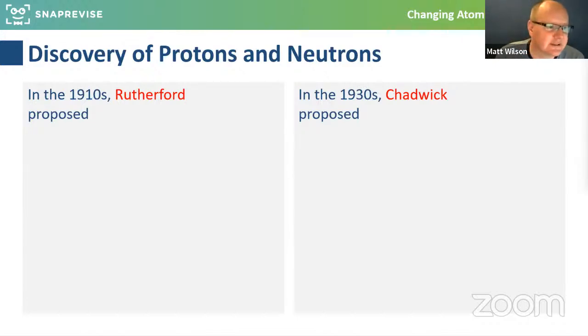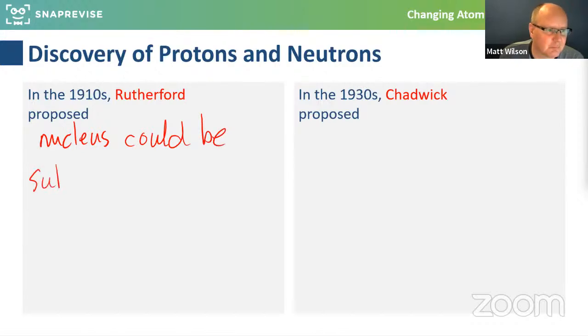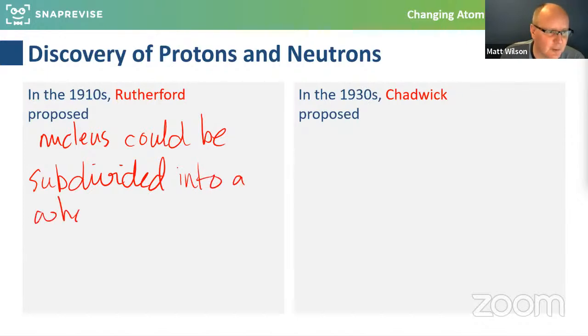So the nucleus is not just one tiny positive lump, but many even smaller positive protons. Importantly, a whole number, you can't have half a proton.